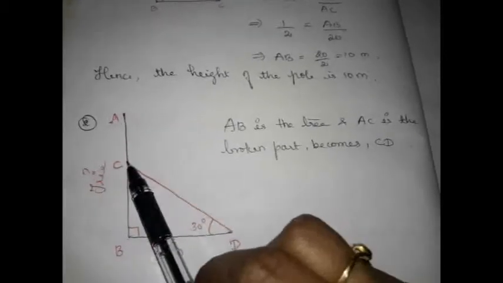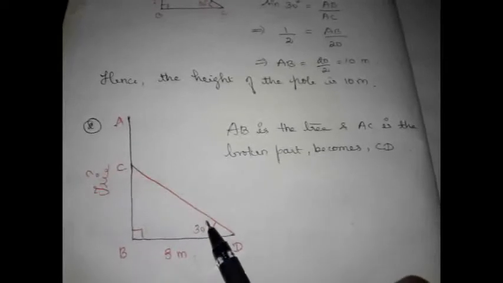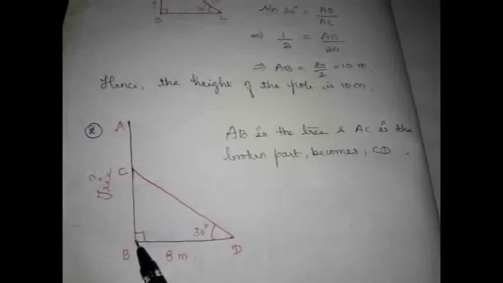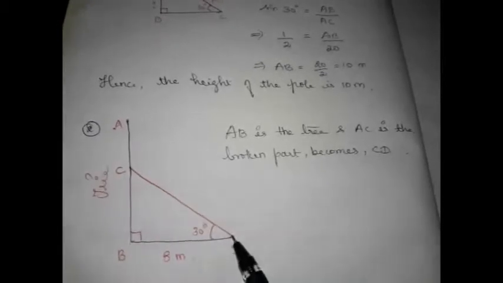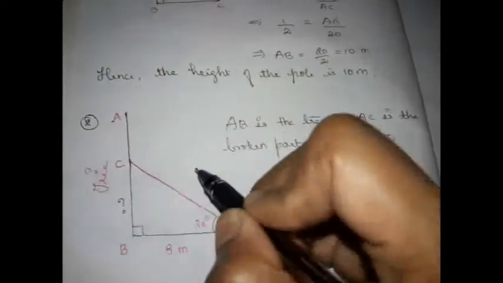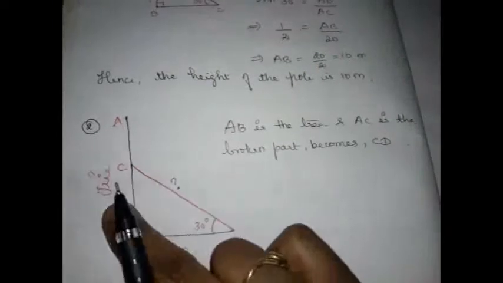Now the angle made by the broken part of the tree with the ground is 30 degree, which is given, and also the distance between the foot of the tree to the point where the top touches the ground is 8 meter. That is also given in the question. So now we need to find this length as well as this length, then only by adding will we get the entire height of the tree. Okay.